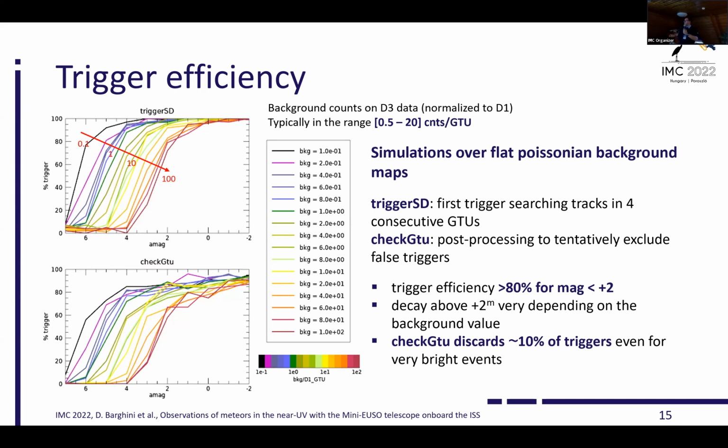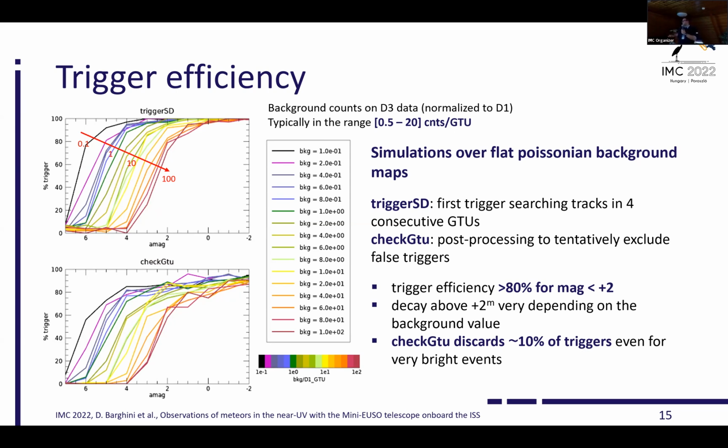There are two, because there are two layers of trigger. The final one is the bottom one. What is evident is that there is a decrease of efficiency as a function of the magnitude and also as a function of background. And this is the basis for the computation of the exposure.